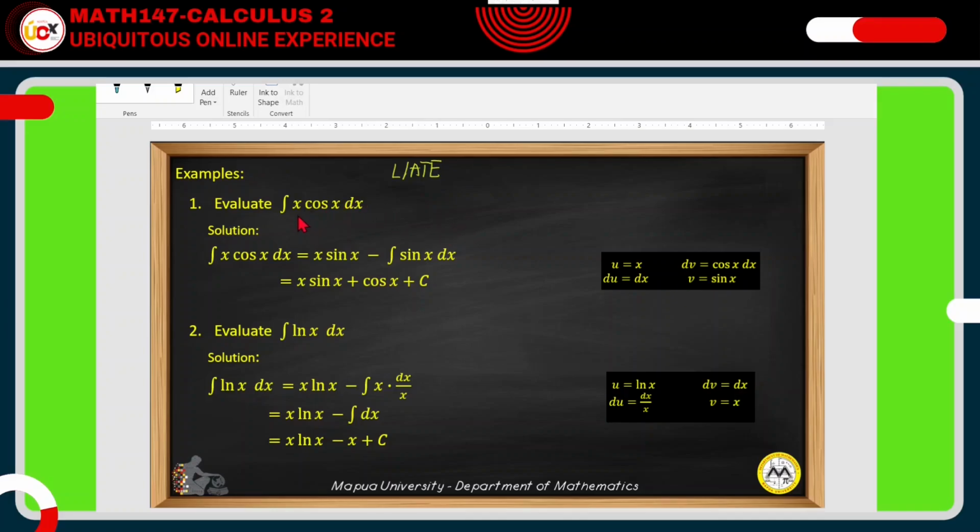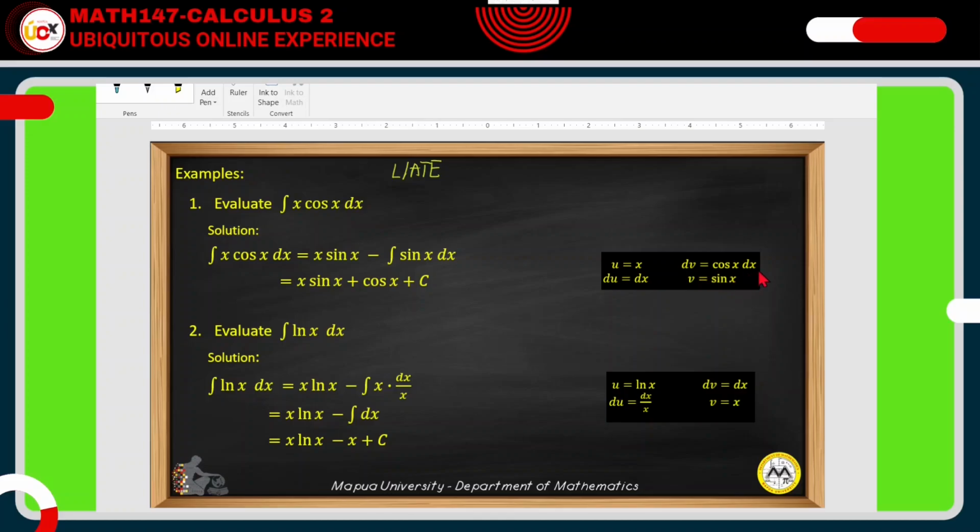Because this contains algebraic and trigonometric, we have to look for the category that comes first. In this order, algebraic is written before trigonometric, so we let u be the algebraic function, and the rest of the integrand as dv.